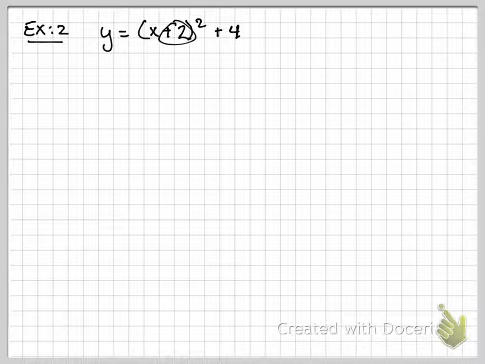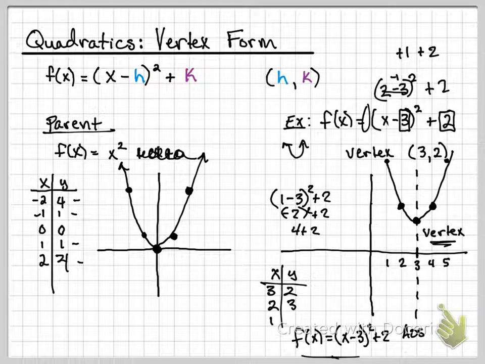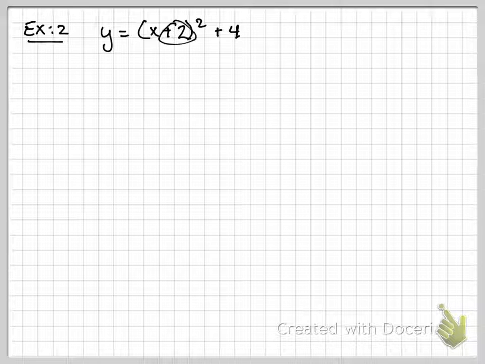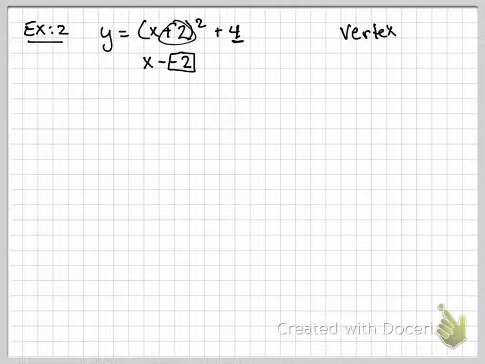It changed from a minus to a plus, and my formula calls for a minus. The only thing that would make a minus sign change to a plus is if this was like x minus -2. So I know that my vertex point is actually going to be at (-2, 4). So on this particular one, the vertex is at (-2, 4). That's going to help me out.